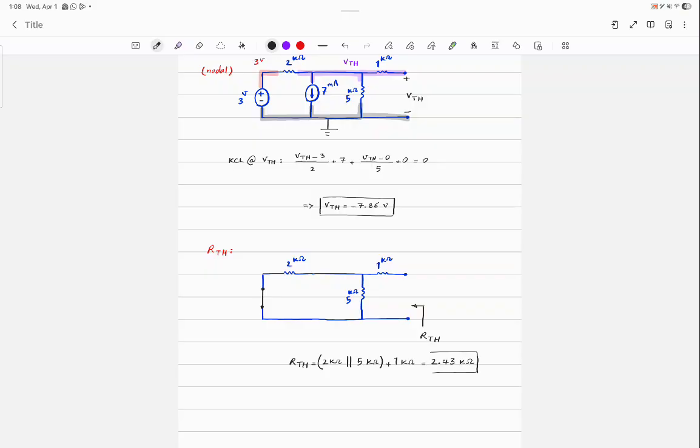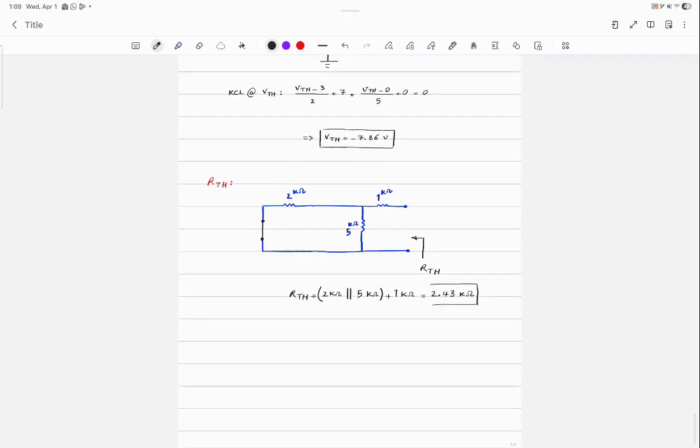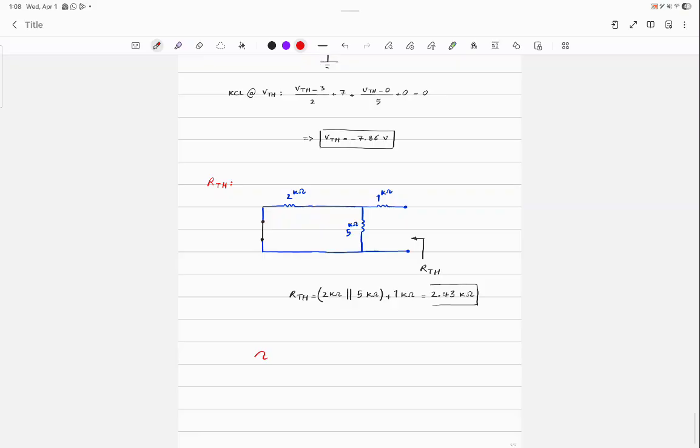Why did I choose RTH over INO? Because INO requires a full circuit analysis, but this one is just equivalent circuits, probably easier. And now I can easily say what INO is. What is it? Yeah.